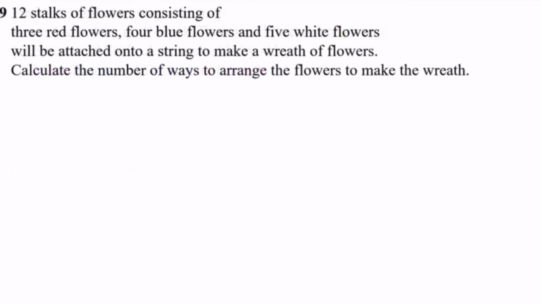12 stalks of flowers consisting of 3 red flowers, 4 blue flowers, and 5 white flowers will be attached onto a string to make a wreath of flowers. Do you know what a wreath is? Let me show you later.